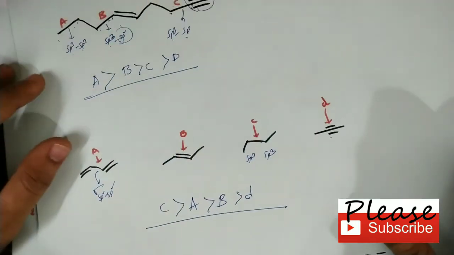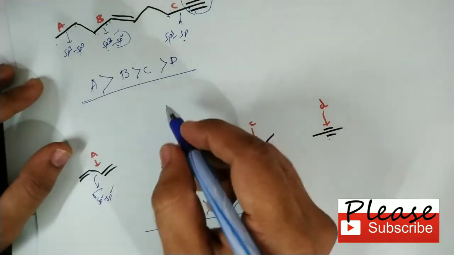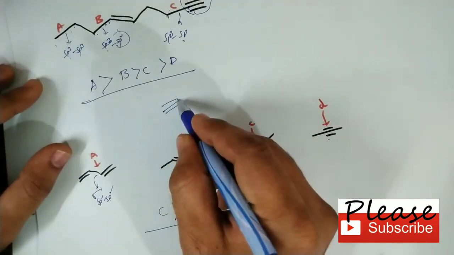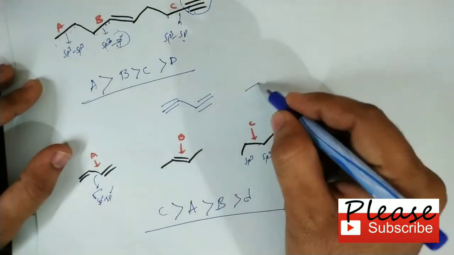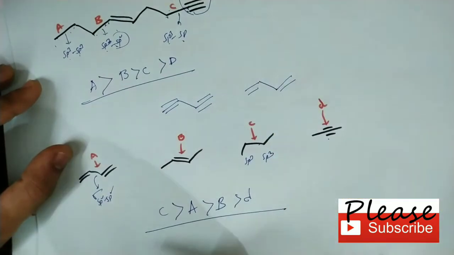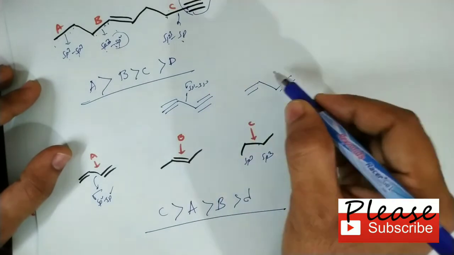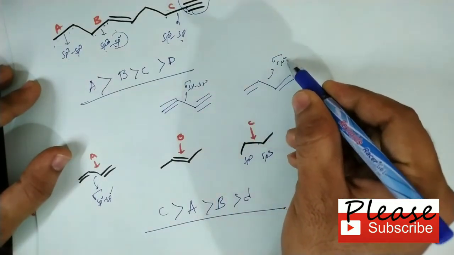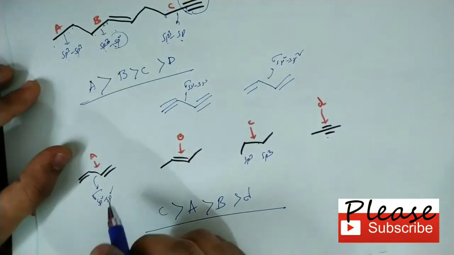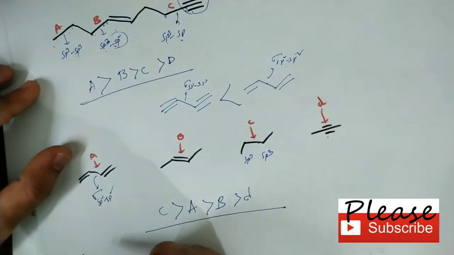Here is one more important point. Here two triple bonds are there, and here one double bond is there. This is a sigma sp-sp bond, and in this case a sigma sp2-sp2 bond. Which one is the higher C-C bond length? This one is the higher.